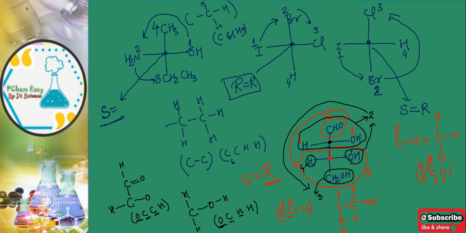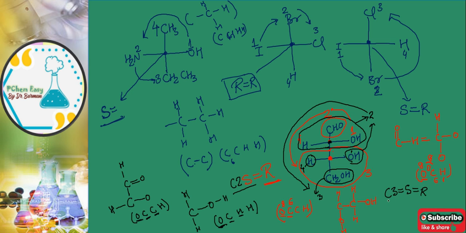As we can see, it is in anti-clockwise direction, so it should be R. I was talking about the C2 position. Now it is the C3 position. So C3 carbon would be S, but the fourth group is in a horizontal line, so it would be R.